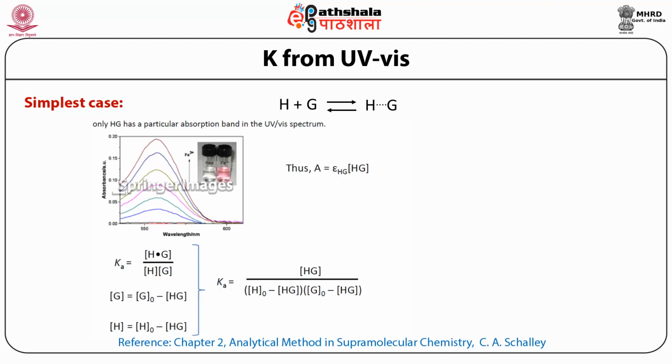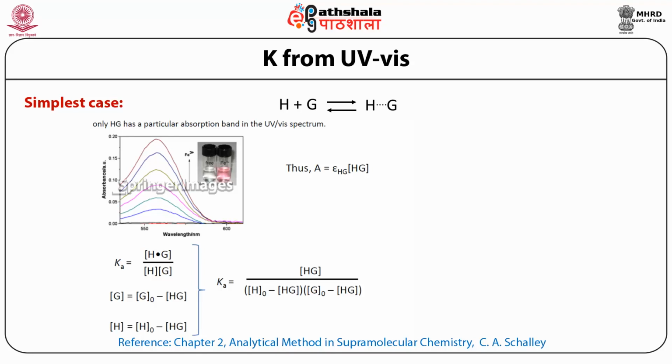In the example of an iron binding ligand, neither of them has any absorption band, however the complex has color, and with the titration of iron into the ligand, you can see the absorption bands develop. So the entire absorption is due to the host guest complex.